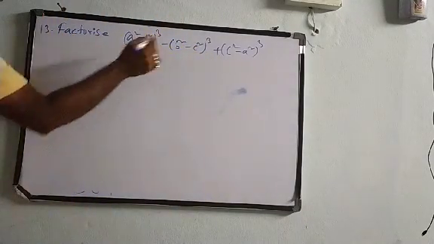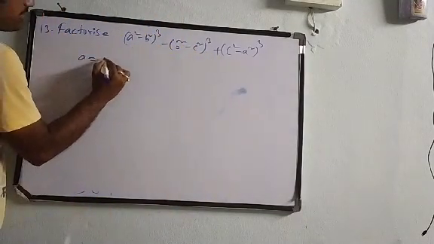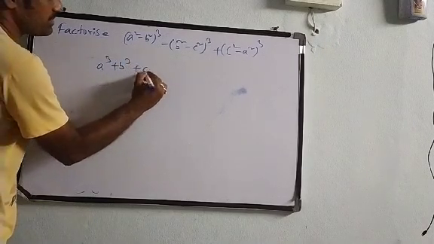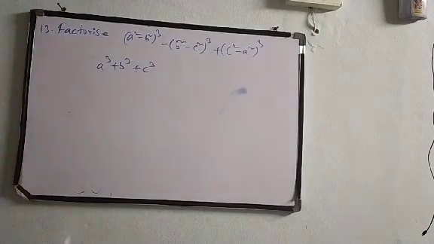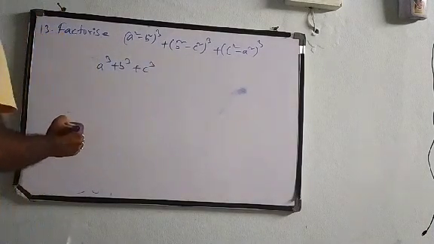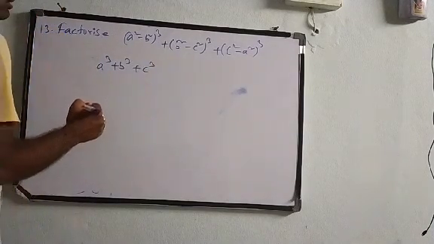So here we have to identify that it is in the form of a cube plus b cube plus c cube.